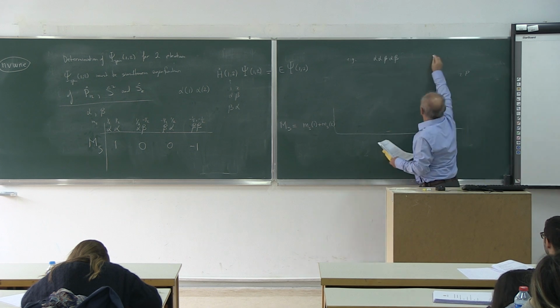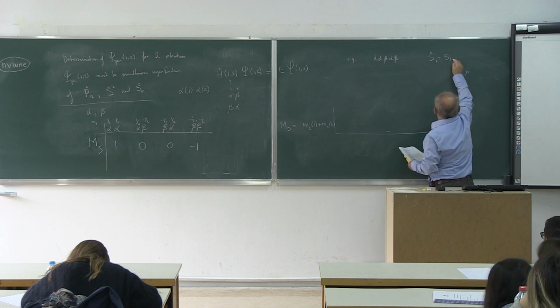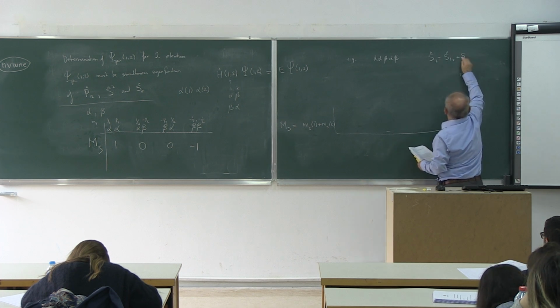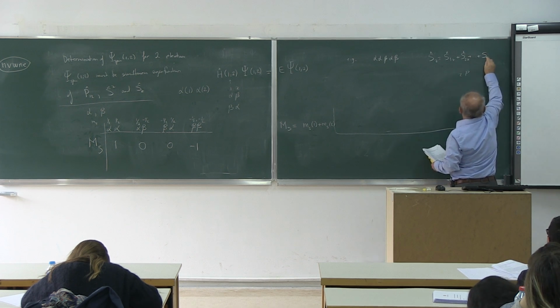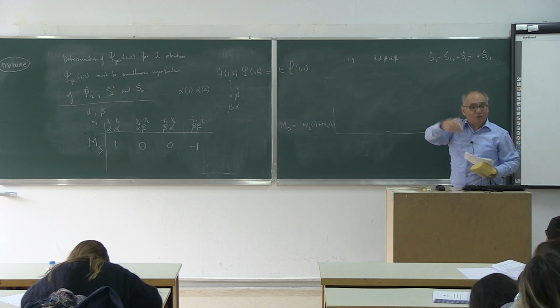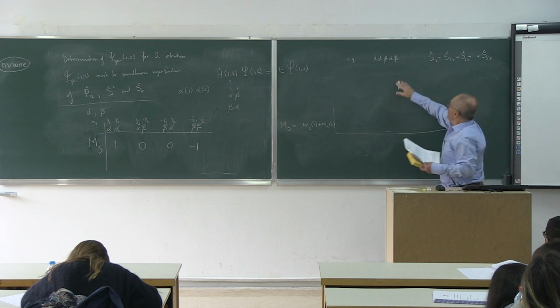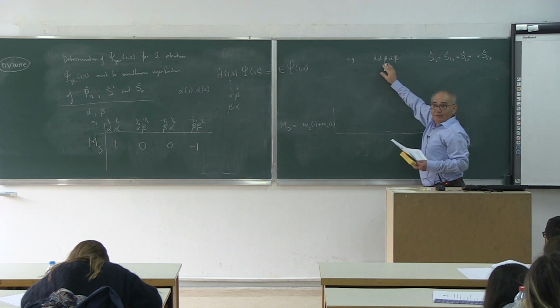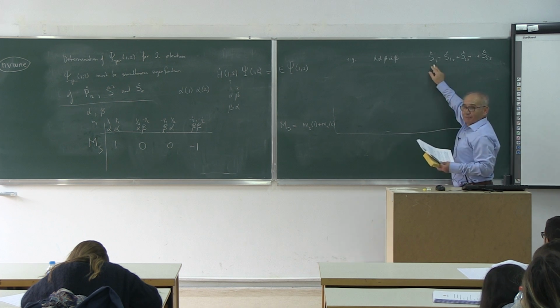Now SZ is S1Z plus S2Z plus S5Z, the Z component of total spin angular momentum for 5 electrons. Such a product of spin functions is an eigenfunction of this SZ.